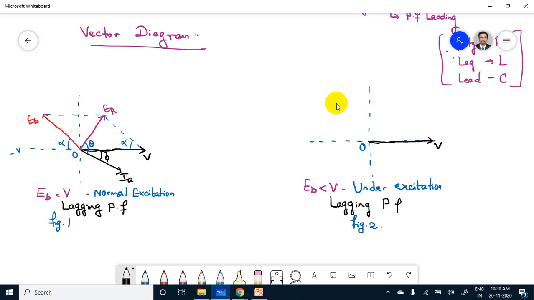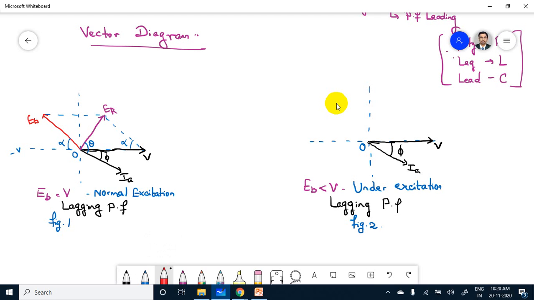So the armature current IA is lagging, the angle between IA and V is phi. Now what happened? When EB is less than V, during this time the EB value will be there.